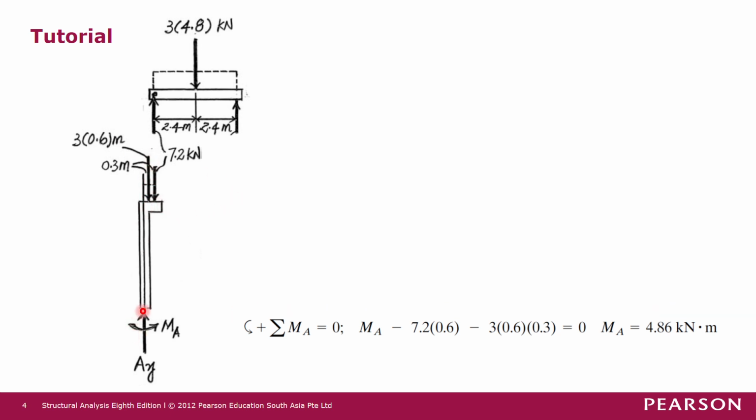Now we have already detached the support of the frame here, so we have to put in the reactions. For a fixed end here, supposedly there should be 3 reactions, so there should be another horizontal reaction. But in our assumption, we say that the girders are not subjected to any axial force.